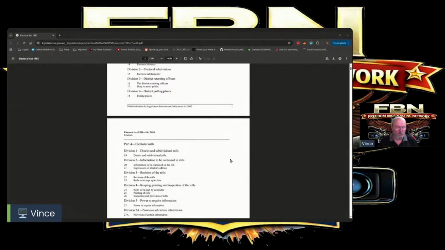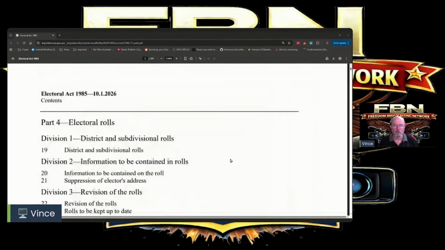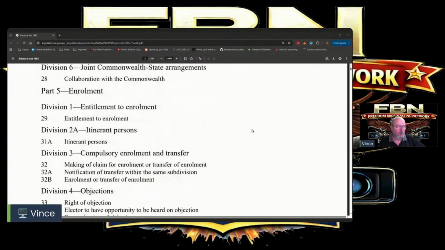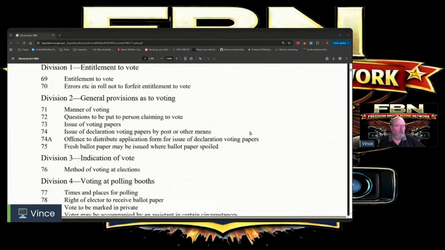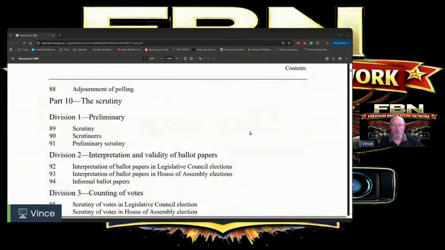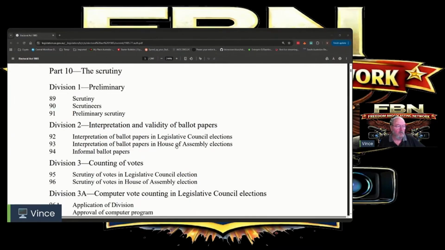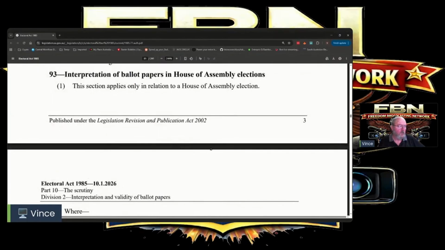This is the South Australian legislation. There's a section in here called Section 93, and it's all about saving the votes. For those people who don't do the voting quite correctly, this is to help them. It's called Interpretation of Ballot Papers, the House of Assembly. Section 93.